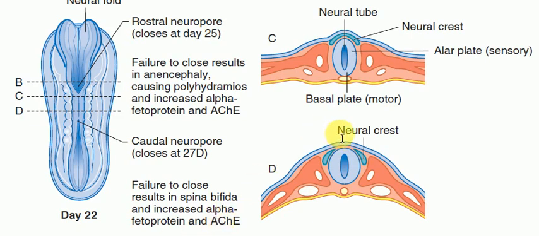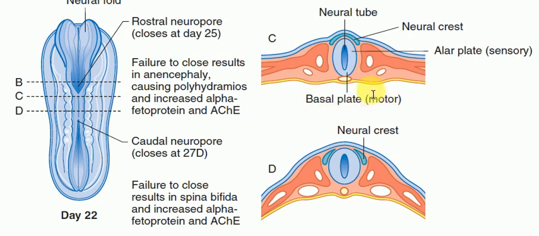Another point to note is that at this early stage of development, the neural tube already has a polarity. The dorsal portion of the neural tube is known as the alar plate, and the ventral or anterior portion right here is known as the basal plate.